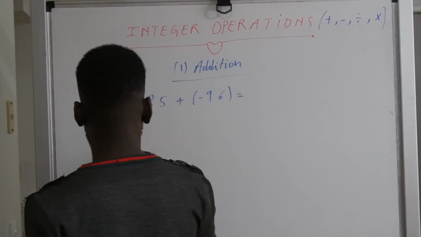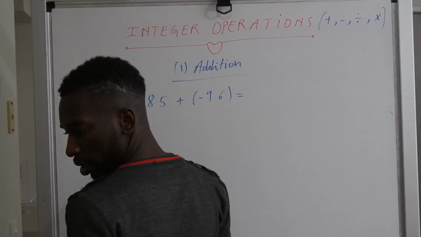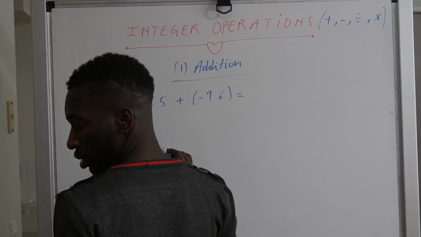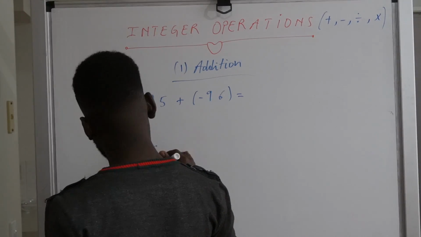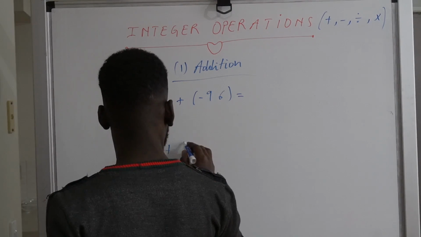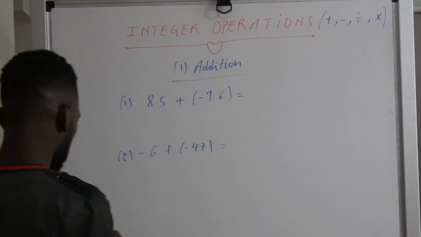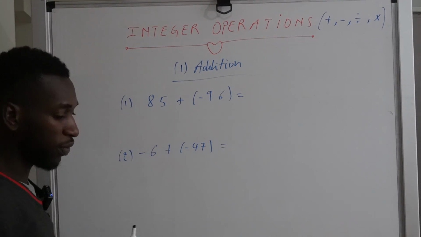And the second example will be negative 18 plus negative 47. Right, so let's look at these two examples.